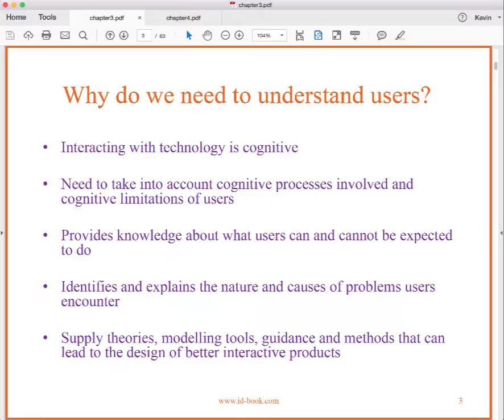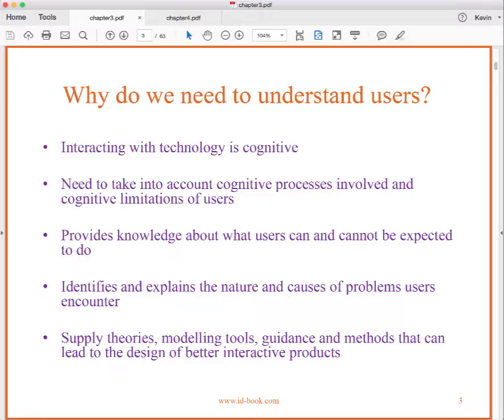I think we'll all allow for variation in terms of capabilities and sensibilities in users, but there are some general and average rules that we'll be able to take advantage of.